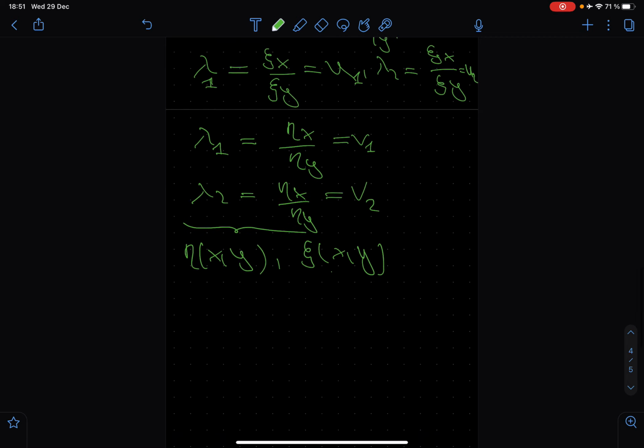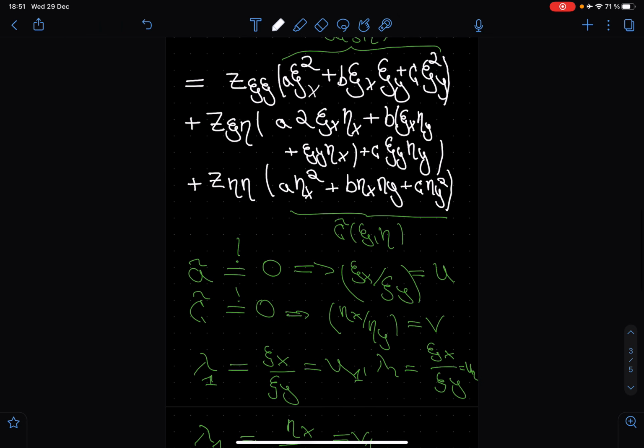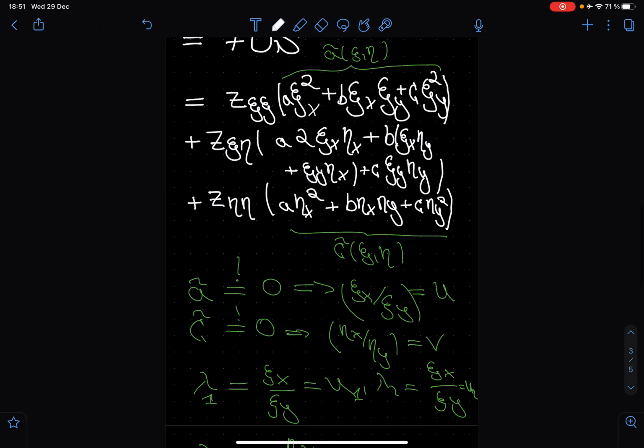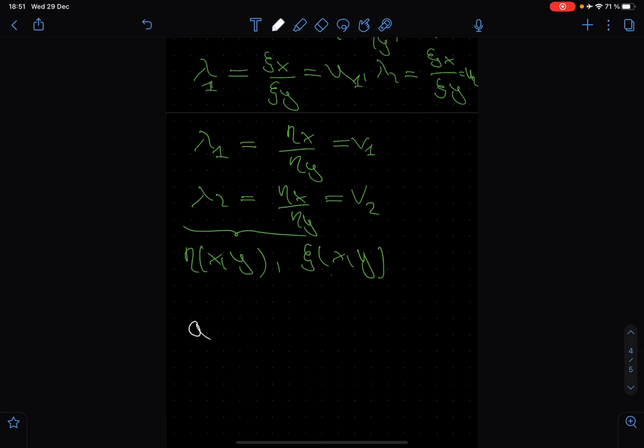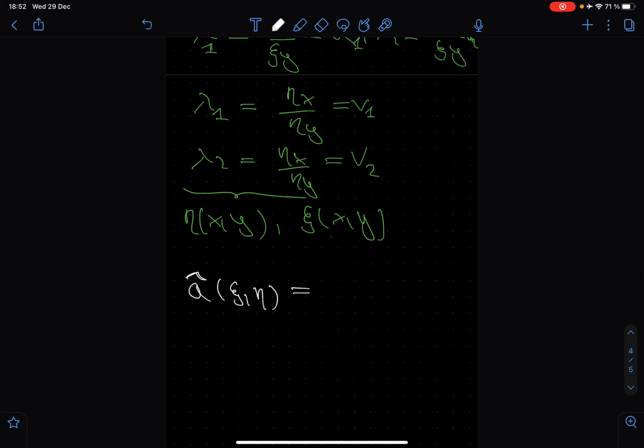How do you get the value again? Let me rewrite this function. For example, you have A, B, C. You will have A hat, which will be a function of the derivatives of psi and eta.